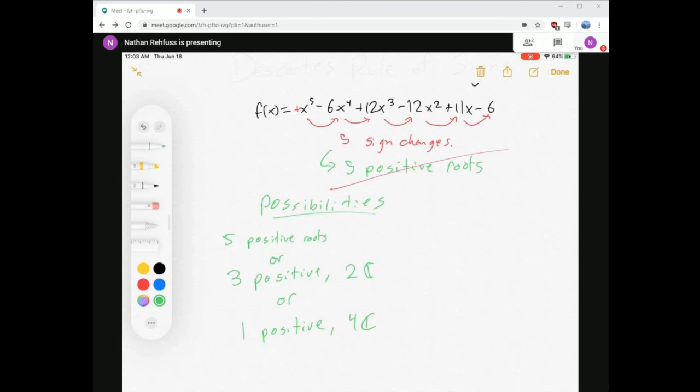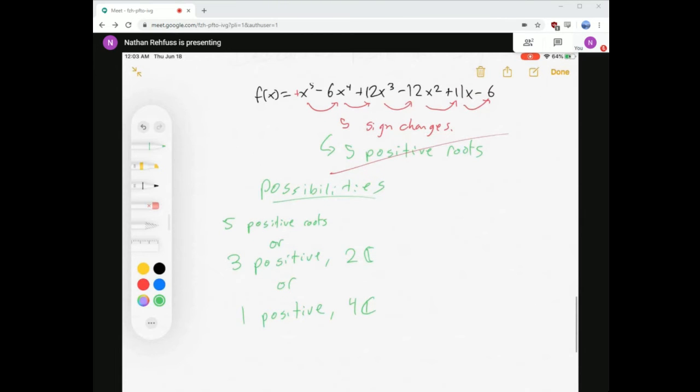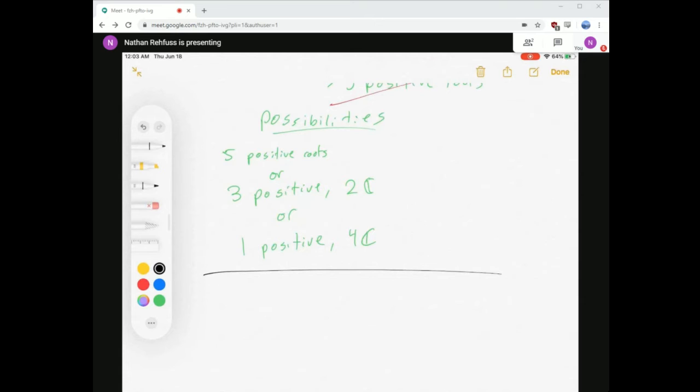Descartes' rule of signs is your go-to, because it also gives you a trick for negative roots. Let me do a different example here. Let's say g of x equals x to the 4th plus 5x cubed minus x squared plus 3x minus 2.